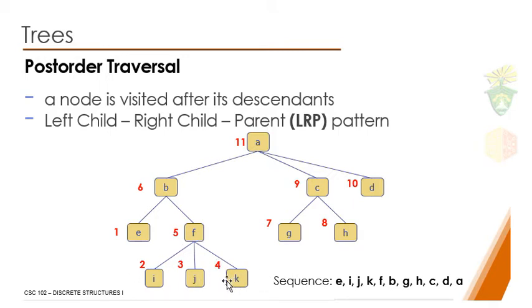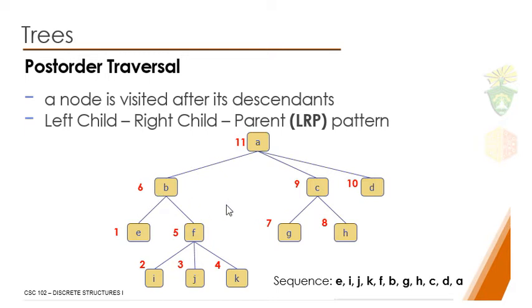You have officially visited the left and the right child, so we can now officially visit node B. Node B is the parent, after the left and the right child. So, okay, that completes this LRP.